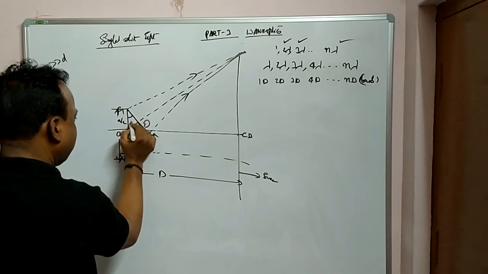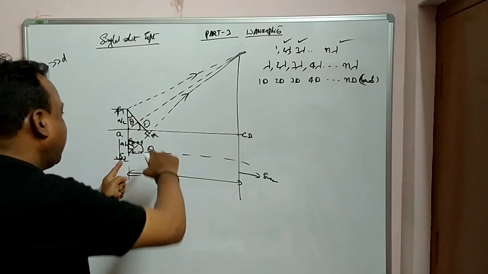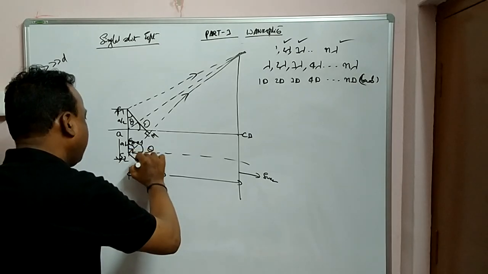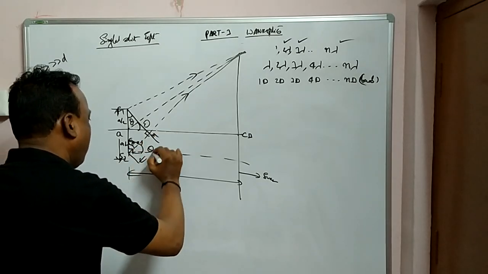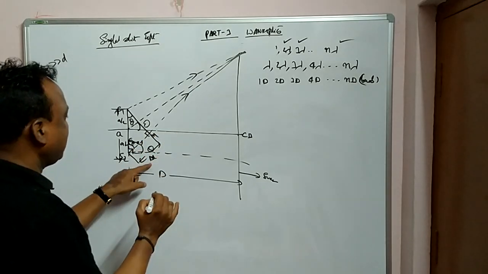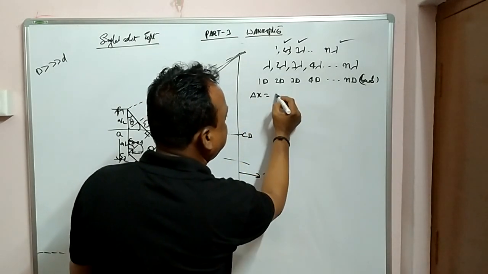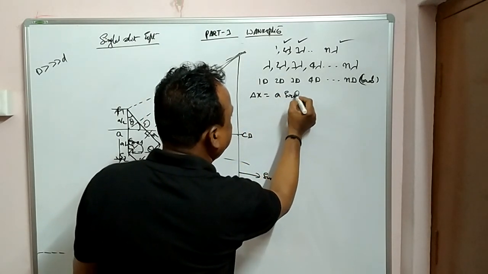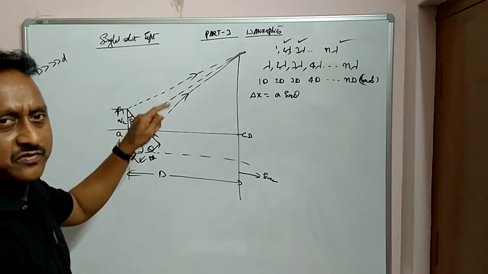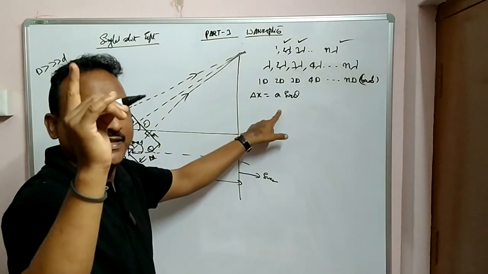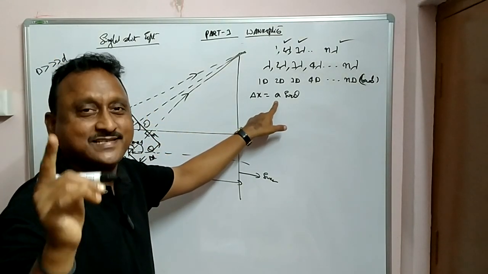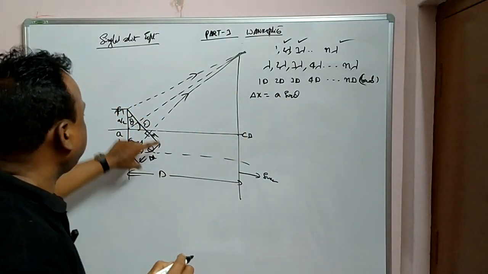And this was theta. So this displacement, whatever we called as delta x, here it becomes what? It becomes not d sin theta, it becomes a sin theta here. Because the distance between the slits S1, S2 we have assumed as a. In YDS you assumed as d. So a sin theta is delta x.